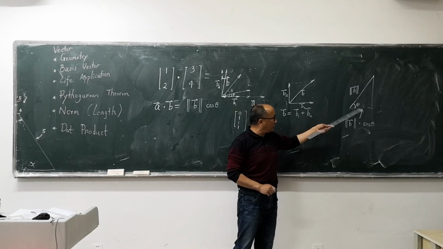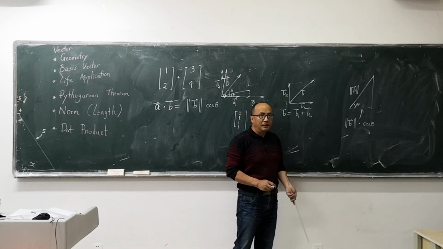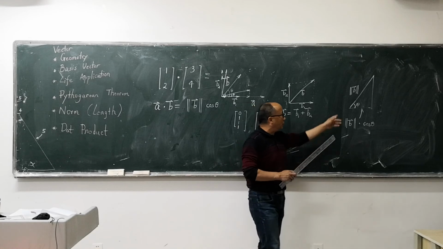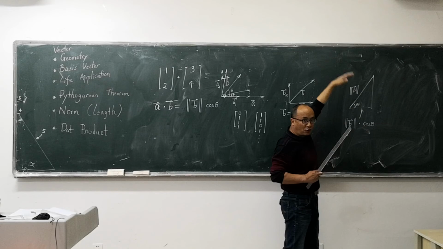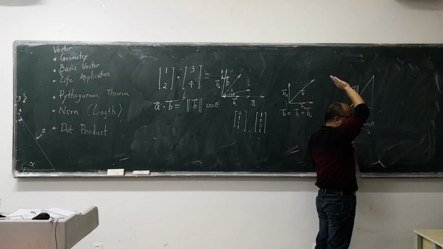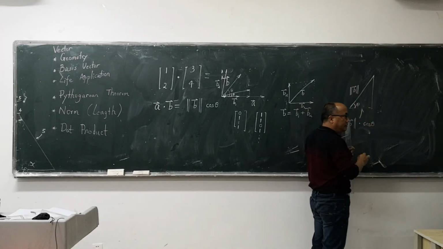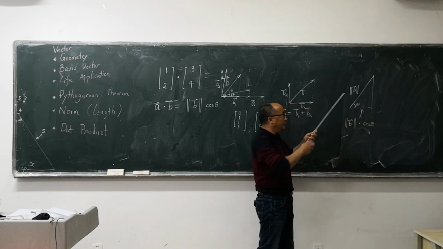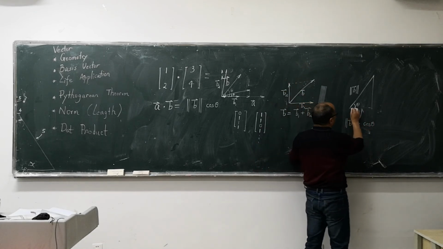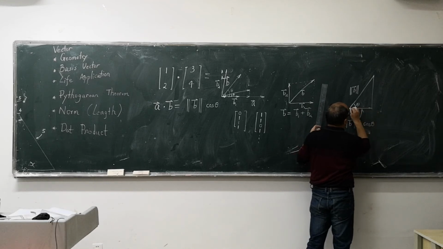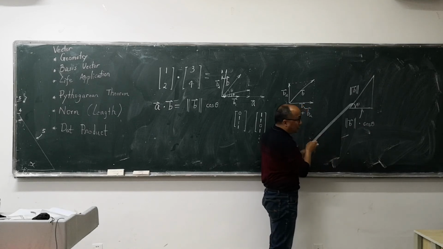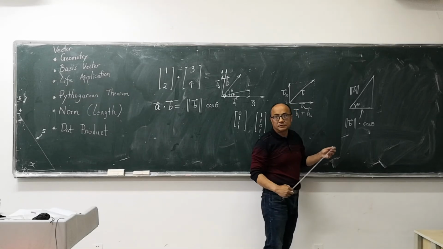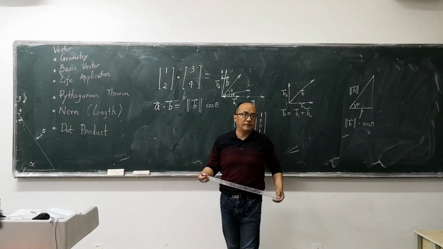This length times the cosine theta is the shadow. Look at it like sunshine projecting from the head of a stick. How long the shadow is depends on your stick length times the cosine of the angle. Cosine theta.